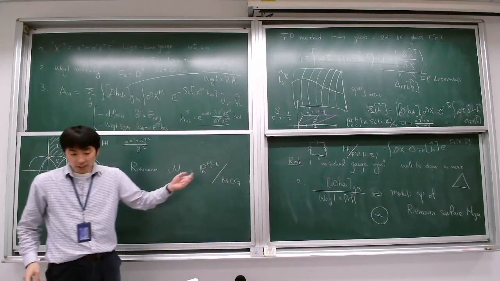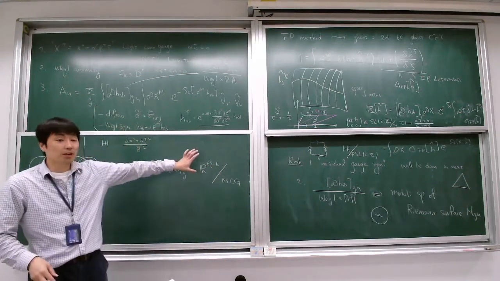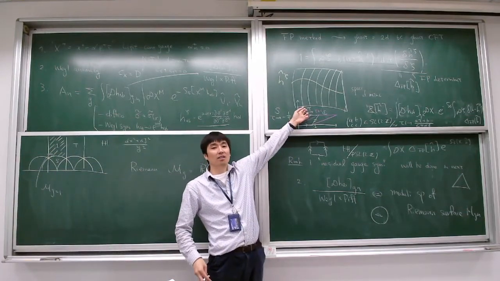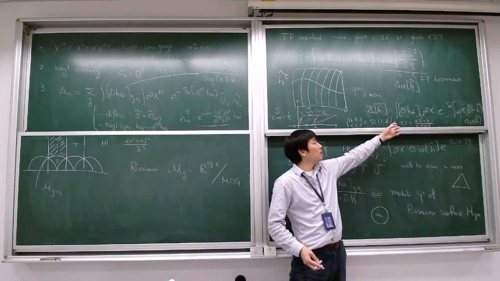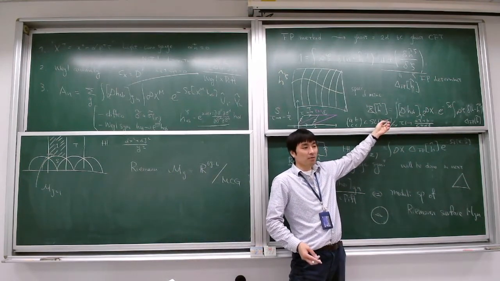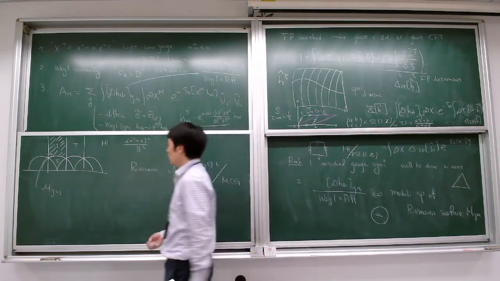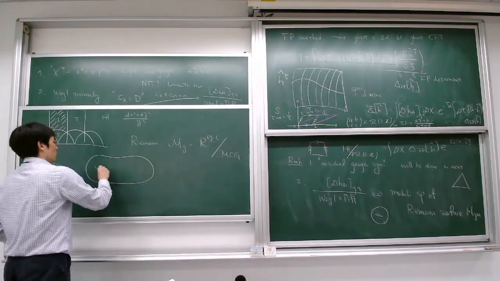So R^(6g minus 6) is the Teichmüller space, the same as the space of this tau. But there is a global symmetry, called the mapping class group, which for the torus is just SL2Z. But for Riemann surfaces, you have to do the Pants decomposition.